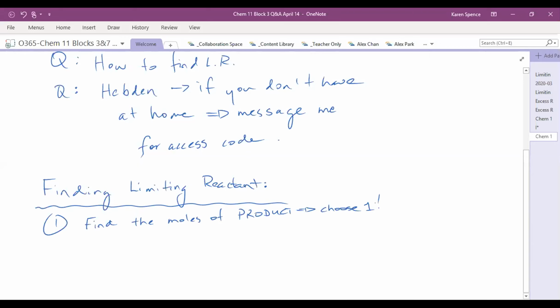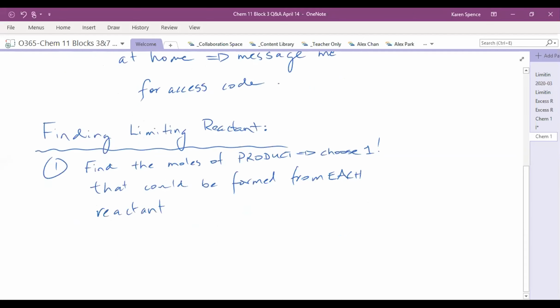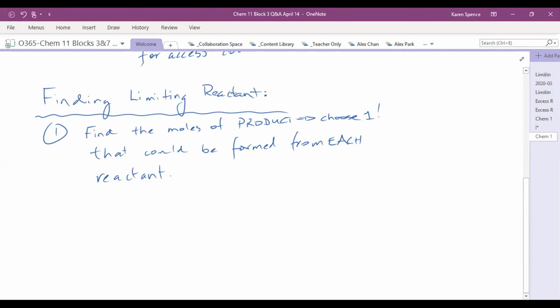It doesn't matter which one, just choose one that could be formed from each reactant. So that's going to be 2 calculations, and we'll do an example where we see those 2 calculations.